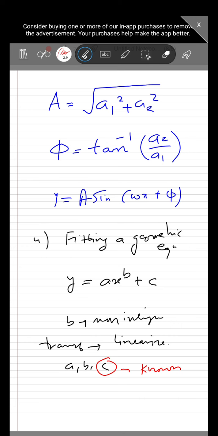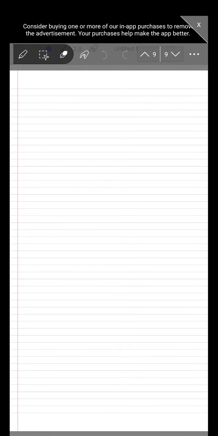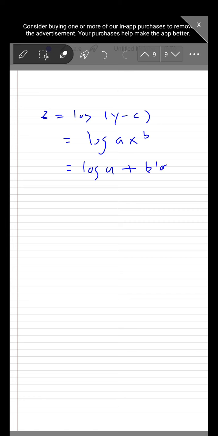So if c is known, we can take c here, so we can write y minus c is equal to a x to the power b, and then we'll use the transformation z as equal to log of y minus c, which is equal to log of a x to the power b, so that is equal to log a plus b log x.